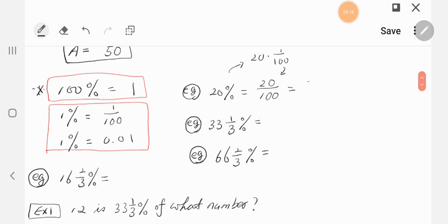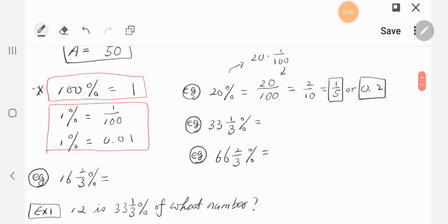Simplify the fraction, so that is 2 over 10, or 1 over 5. If we write it in decimal, it will be 0.2. Okay, that's 20%.